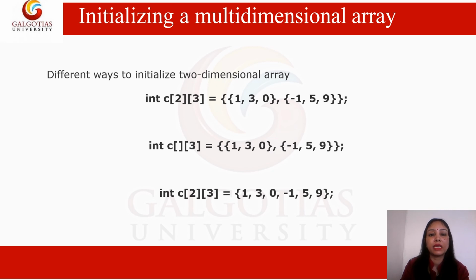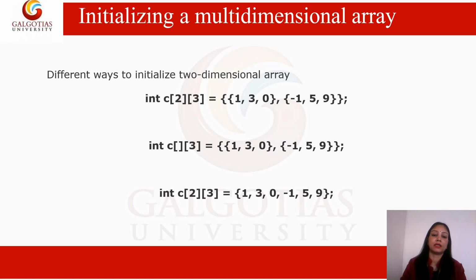And you are initializing at the time of declaration, meaning compile-time. So obviously, suppose here I have given 1, 3, 0 in one braces and then minus 1, 5, 9. So automatically it is understood that we have 3 columns and 2 rows, because I have given only 2 sets of values.